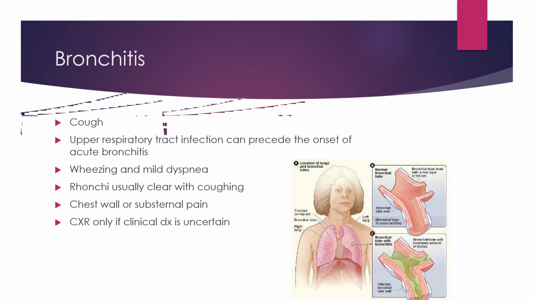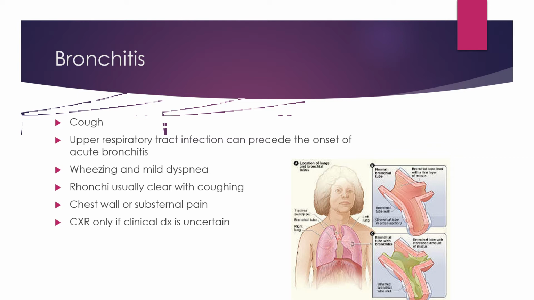You're going to start to suspect this, obviously, if it's lasted 5 days. Remember, they're going to have symptoms 1 to 3 weeks. And they may have some chest wall or substernal pain. But when you're thinking of this, you're thinking, no, they don't have all the pneumonia symptoms and they don't have chronic obstructive disease.